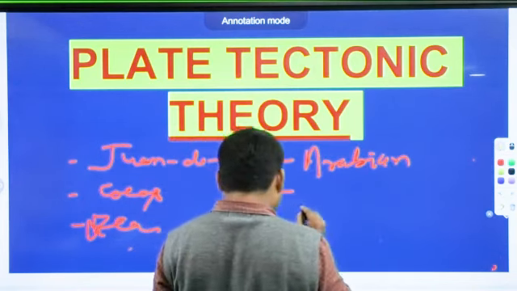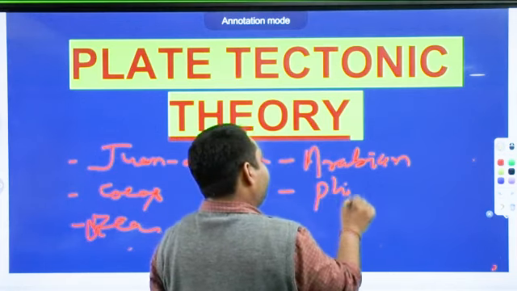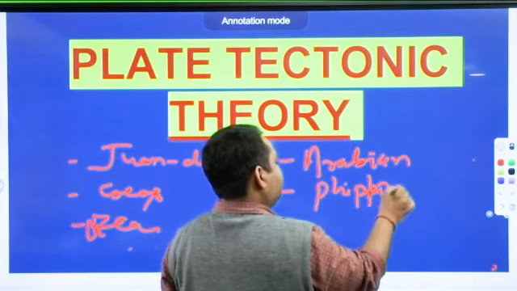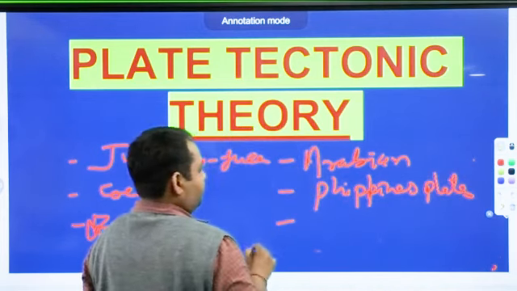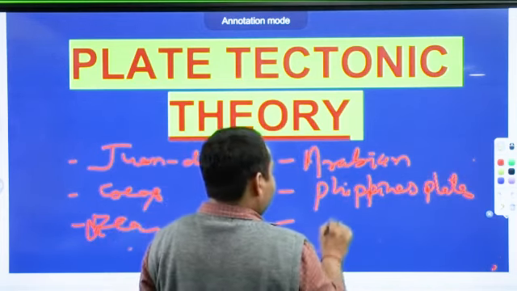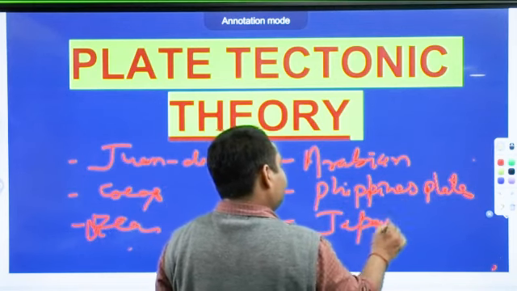Fifth, Philippines plate. Next, Japan plate.